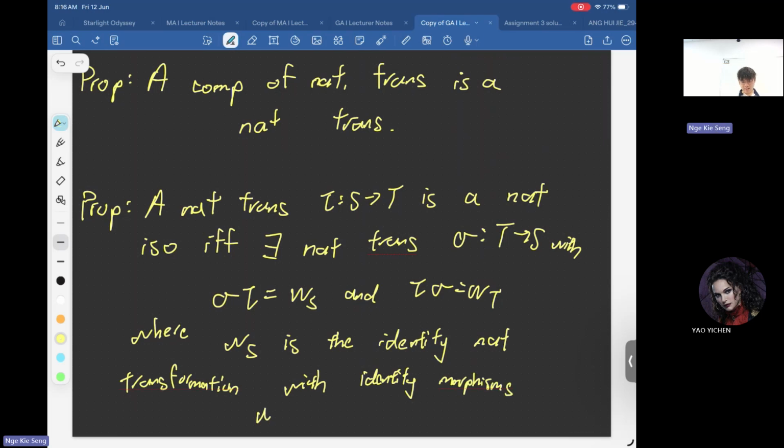Meaning 1_S restricted to A, SA going to SA, is actually the identity. I think we use this notation.